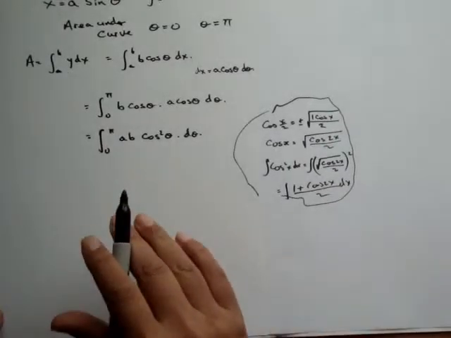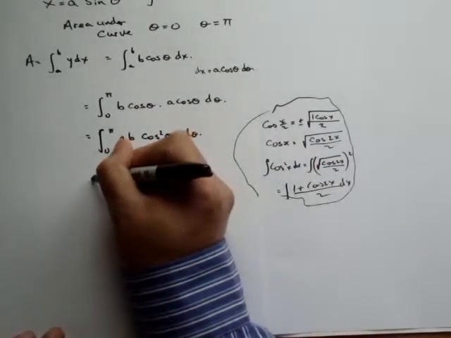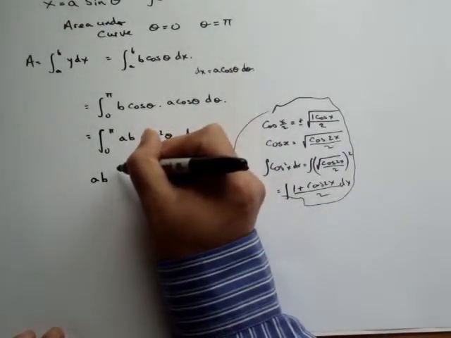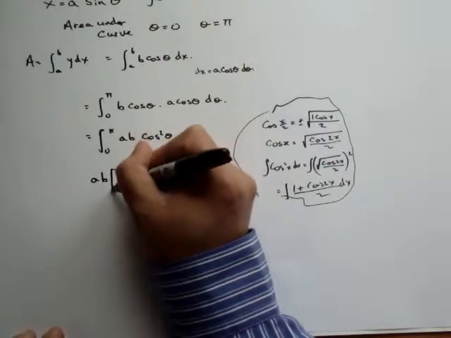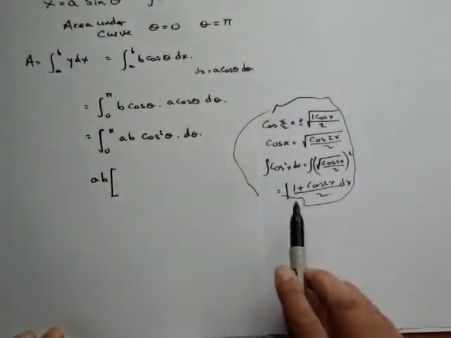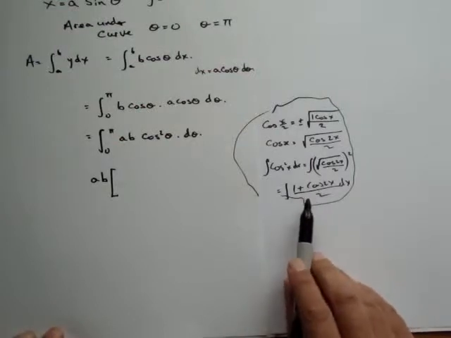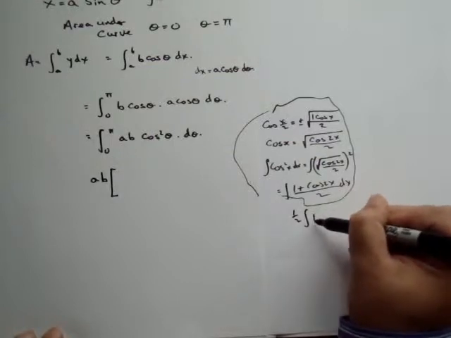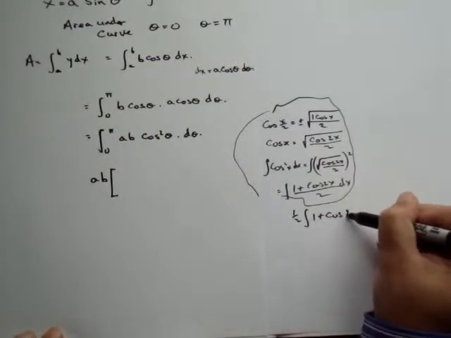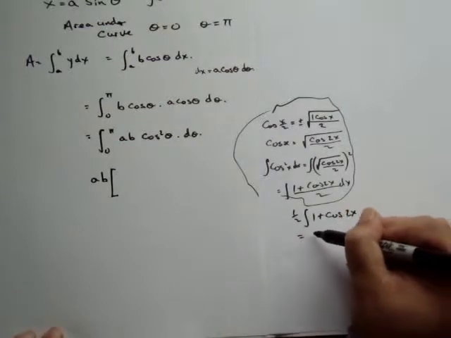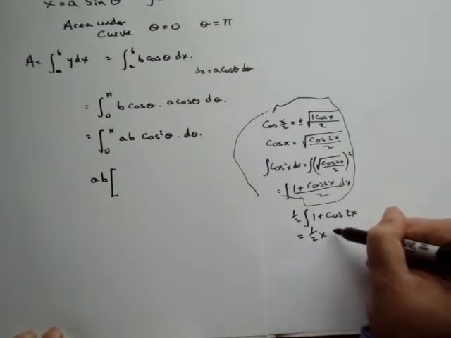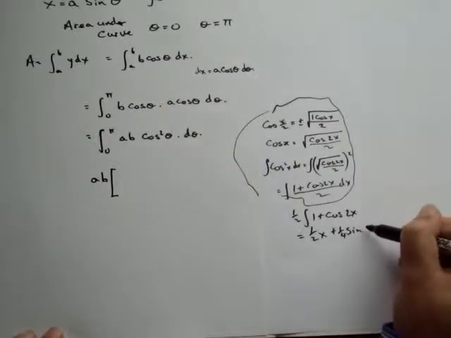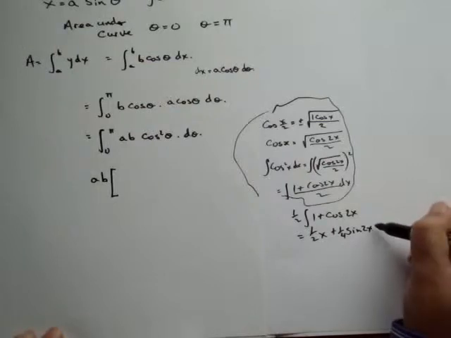So this then, if we take our ab outside the integral, becomes the integral of, now let's carry on with this integration. So we can take the half outside, the integral of 1 plus cos 2x, which equals a half x plus a quarter sine 2x plus c.